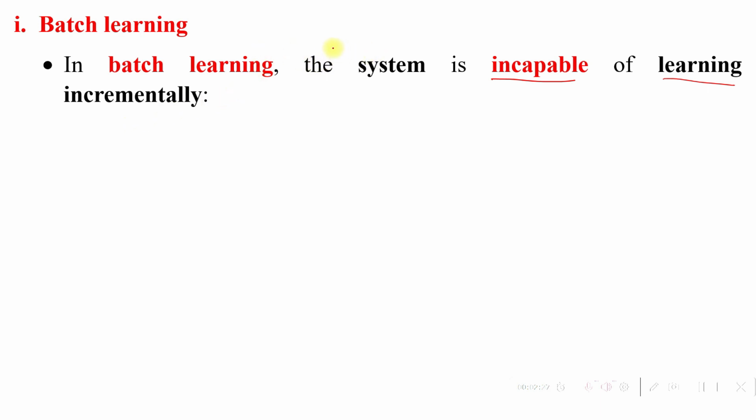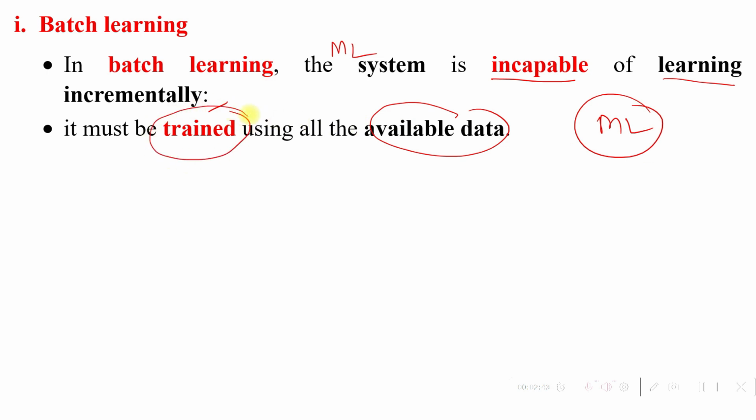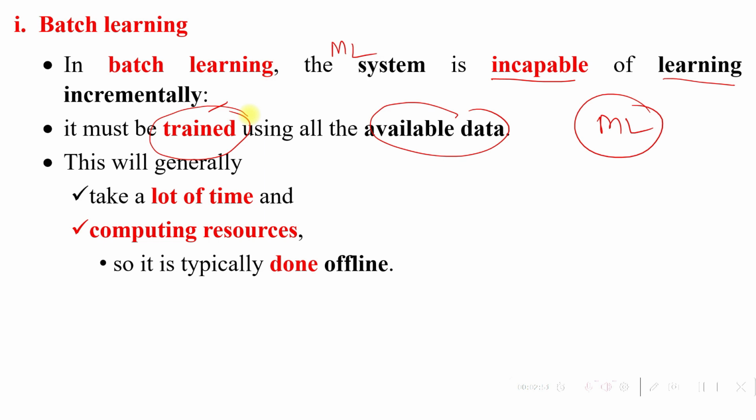It must be trained using all the available data. That means the machine learning system is going to train with the help of all the available data. This will generally take a lot of time and computing resources, so it is typically done offline.